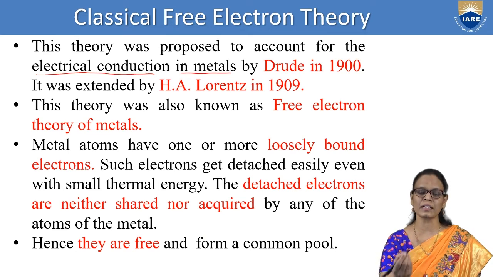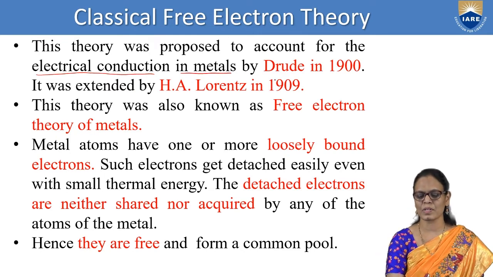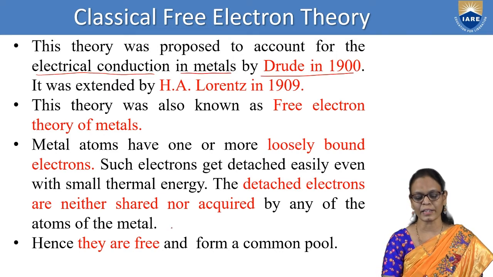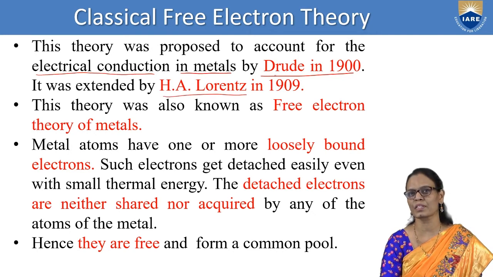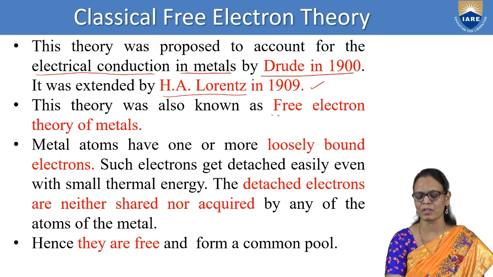What are the things that help in conduction in metals? This was done by Drude in the year 1900. And then another scientist, H.A. Lorentz, extended Drude's theory in the year 1909.